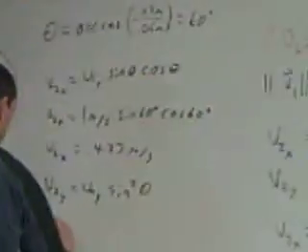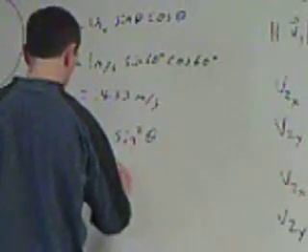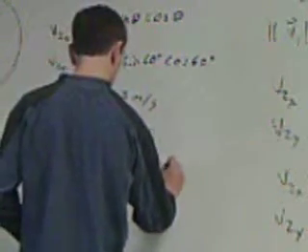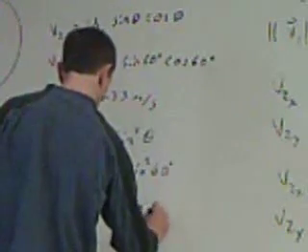So v2 sub y equals 1 meter per second times sine 60 degrees squared. v2 sub y equals 0.75 meters per second.